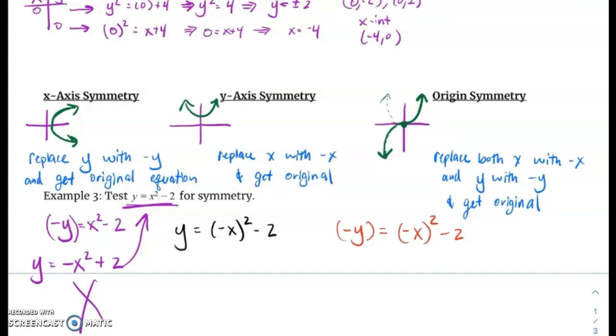Over here, the negative was substituted in for the x, but when you square this, the negative goes away, so you get positive x squared minus 2 when you simplify it, which is the original. So we do have y-axis symmetry.